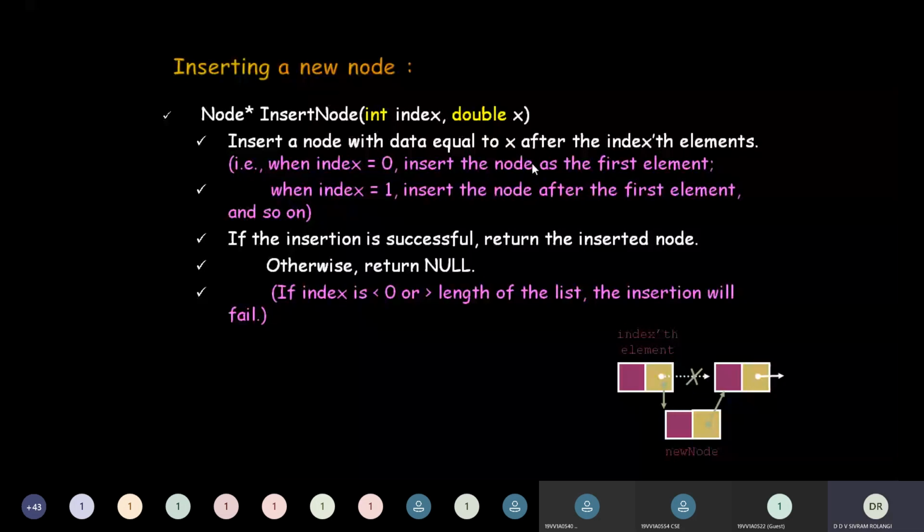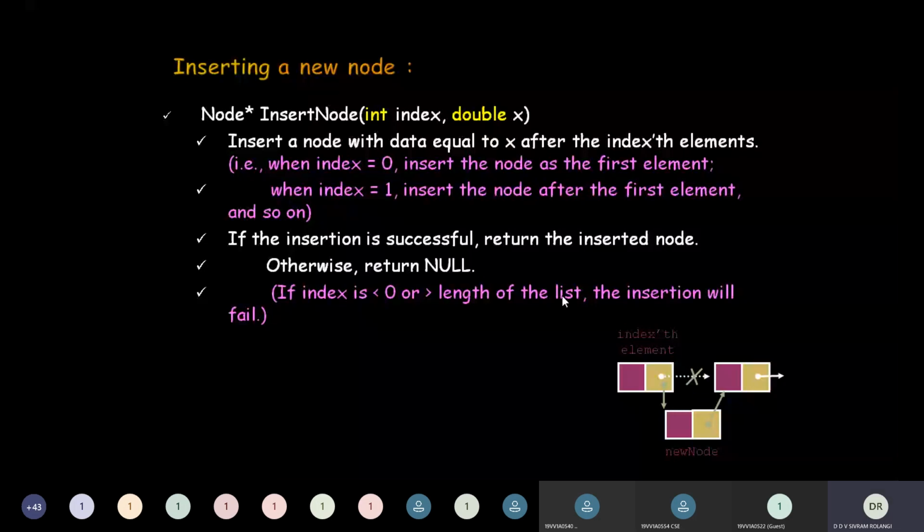If the insertion is successful, return the inserted node, otherwise return null. If this function is successful, it will return the inserted node, otherwise it will return null. If index is less than 0 or greater than the length of the list, insertion will fail.